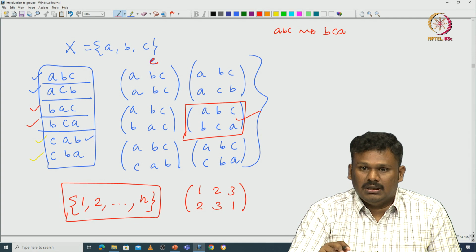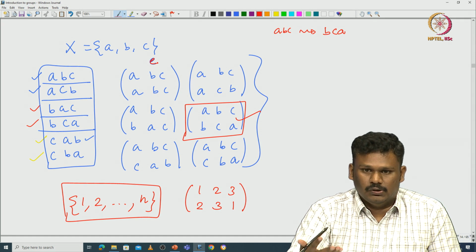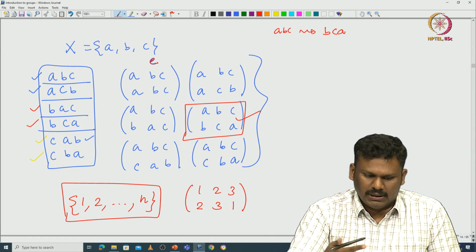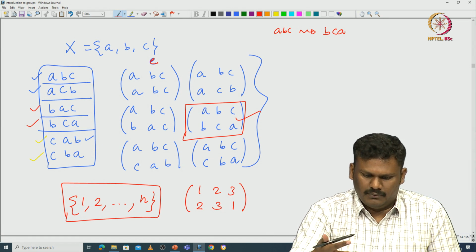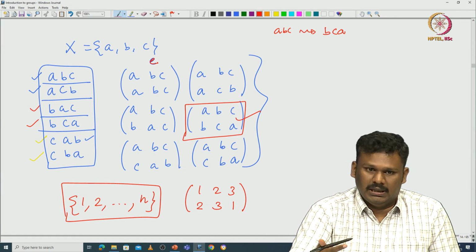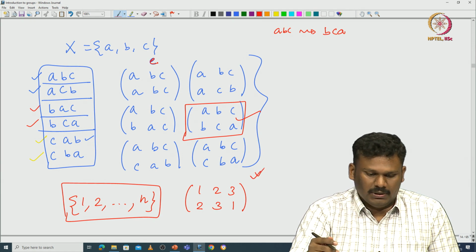Later we will define what is called an isomorphism, and we will very explicitly see the isomorphism between them, but it is intuitively clear what I mean: the action of the group is the same on 1 to n or on any x1 to xn. This is called the permutation group.